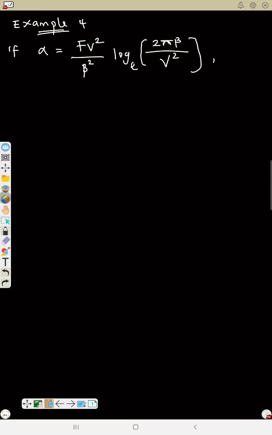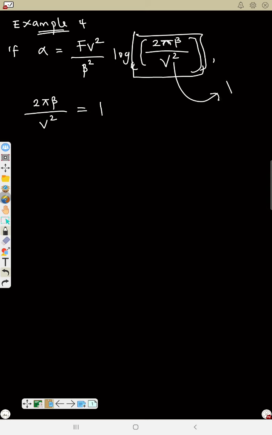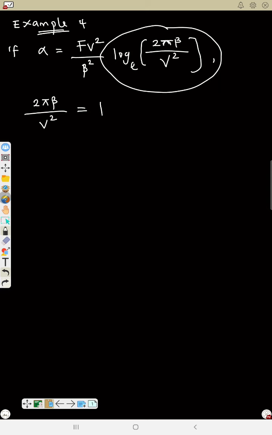That means 2 pi beta divided by v squared is equal to 1. Don't forget, everything in the bracket is dimensionless, so it will be equal to 1. After that, I will say all the expression here is also dimensionless.